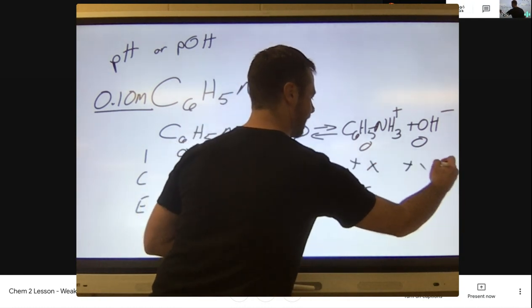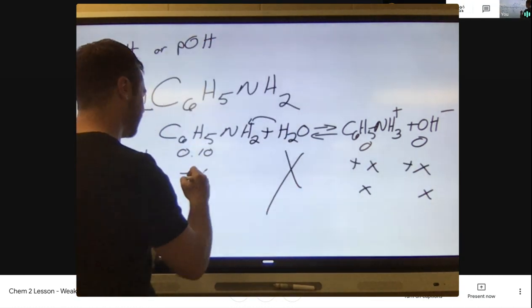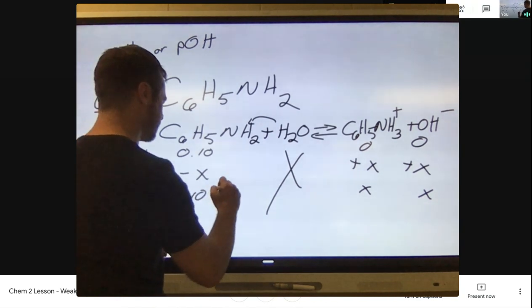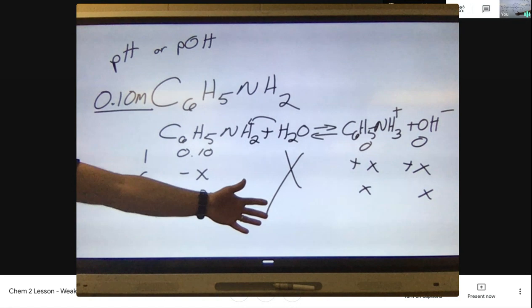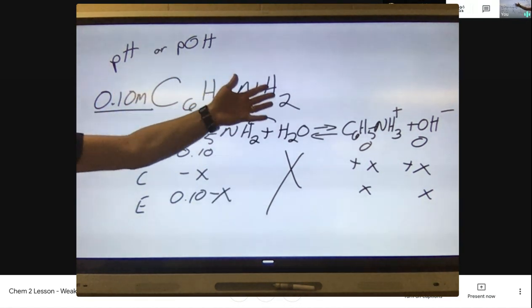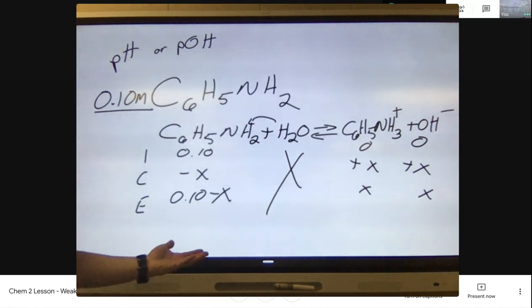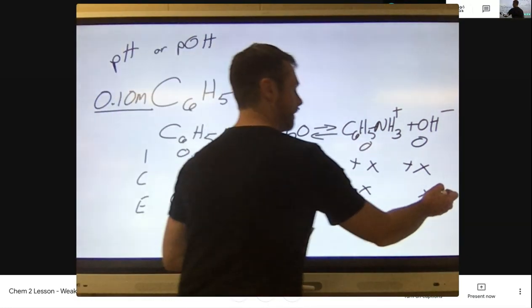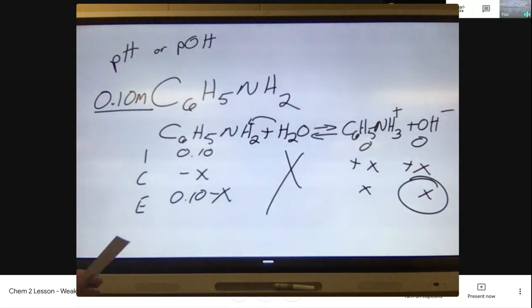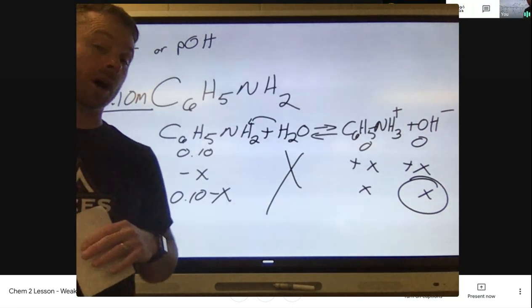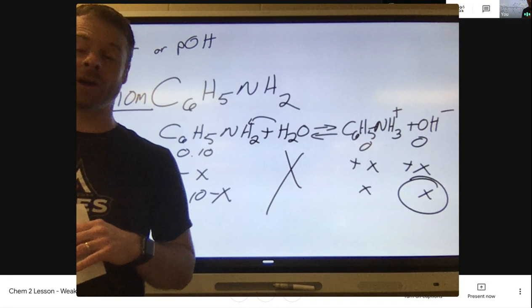Like I said, we're not going to actually calculate it out because I feel like most people that are chiming in today have a clue of what's going on. We solve for x. We would use the Kb that's given to us. Now, keep in mind, the negative log of that is going to be the pOH, so you'd have to subtract from 14 if we did want the pH.